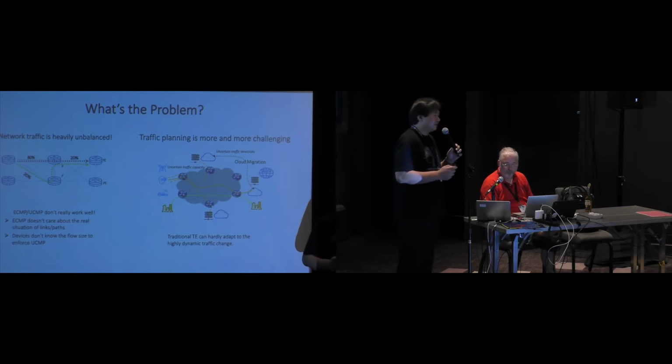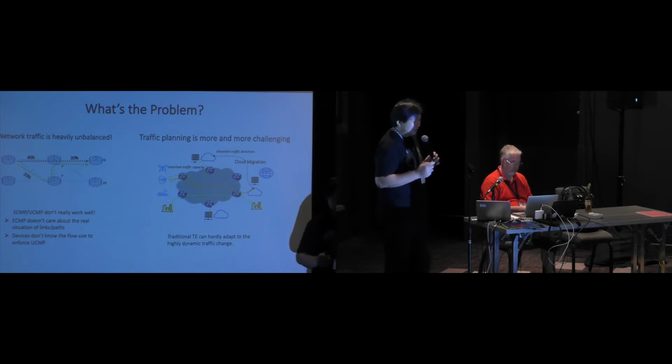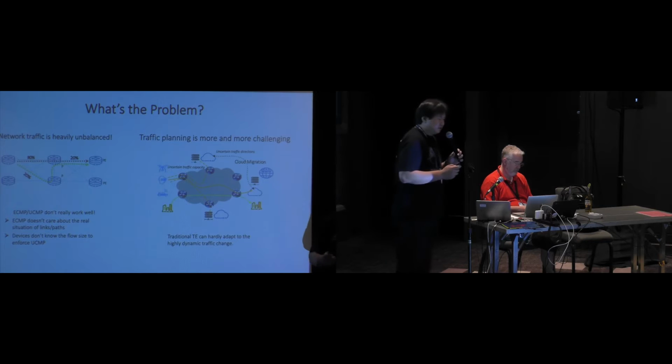Although we have ECMP or UCMP, such kinds of technologies, usually they don't really work very well. And second, the traffic is always changing so fast. And traditional traffic engineering technology cannot adapt to the traffic in real time.